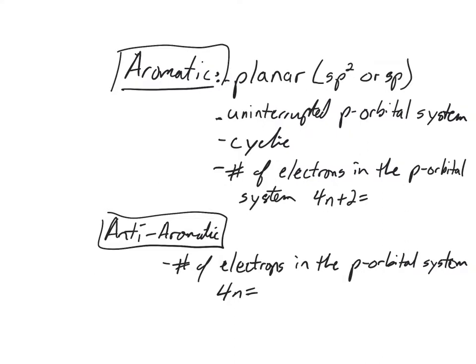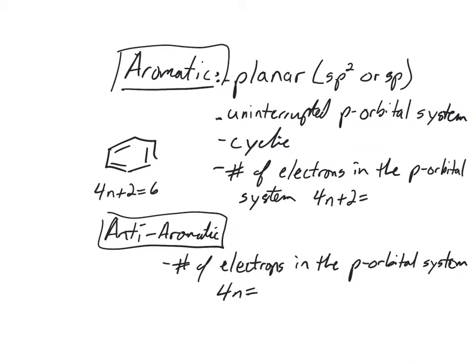What I always do to remember, if I get lost, if I forget 4n plus 2 or 4n, is draw out benzene. I remember benzene is aromatic, and it has 6 electrons. So basically, do some quick math.